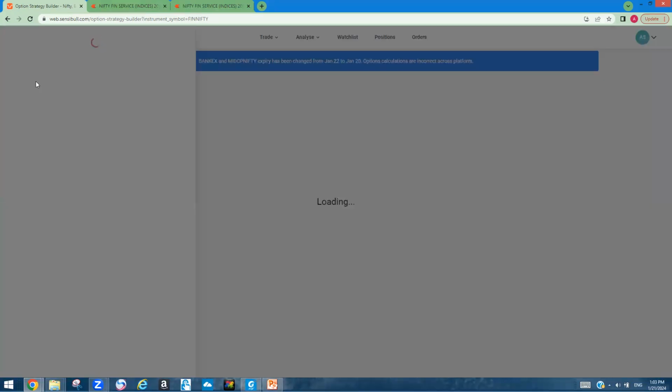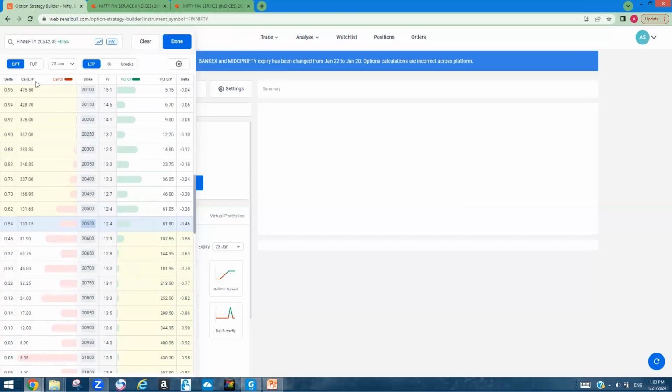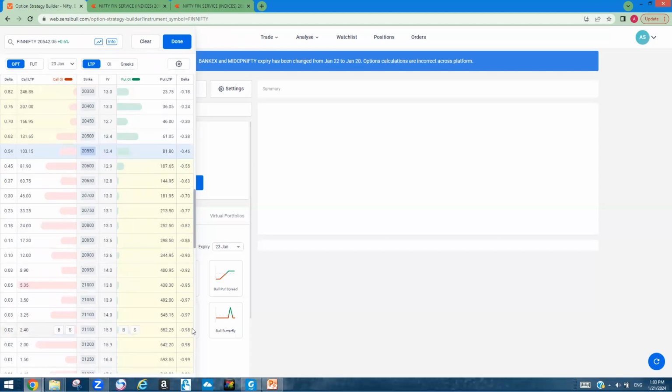So Finnifty. Now we know option selling needs a lot of margin money. So if I want to sell, let us see, Finnifty now is 20,542. So say 20,500. This is the spot, let us assume.